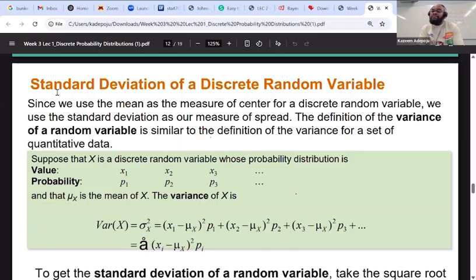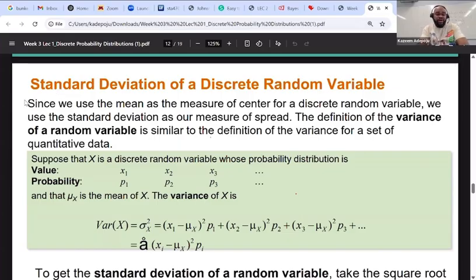Now the question is, we find the standard deviation, we find the variance, but we first figure out the variance, then after figuring out the variance, what we need is the standard deviation. We find the square root of the variance. I'm going to tell you why standard deviation is preferred compared to variance. But right now, let's first figure out the variance.